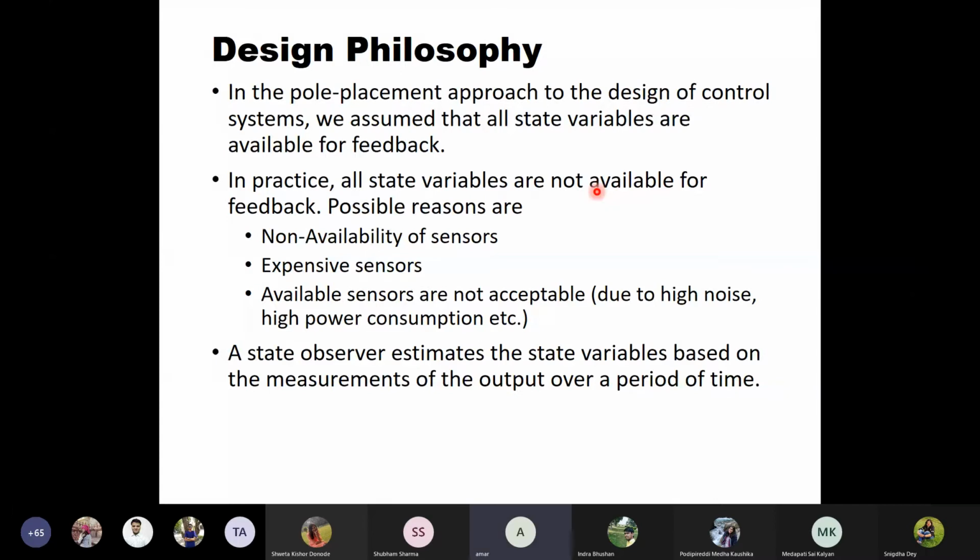So this is basically the design philosophy for the state observer. And when we design the state observer, the observability condition has to be obeyed. Observability condition, which I have defined earlier, is based on the observability matrix.